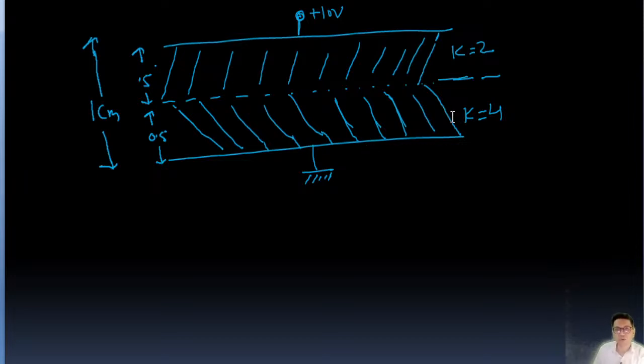The magnitude of the bound surface charge density at the junction of the dielectric, means at this junction, you need to find out.